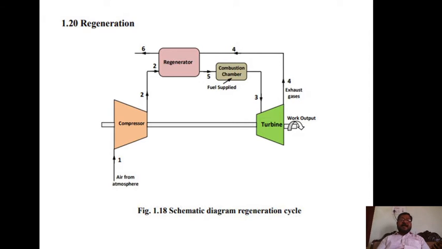That means heat transfer takes place from the hotter fluid to the colder fluid. That is a heat exchanger. The regenerator is one type of heat exchanger, with heat exchange between the exhaust gases and the inlet gases.